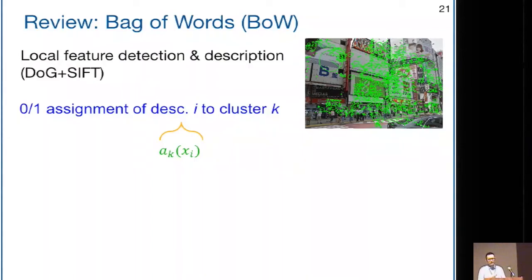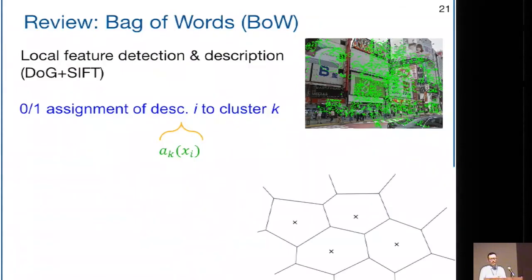Bag of words starts by quantizing the descriptor space using k-means. Descriptor x is extracted and assigned to its closest cluster, denoted with the assignment variable a_k, which is 1 or 0 depending on whether cluster k is the closest cluster to the descriptor x.